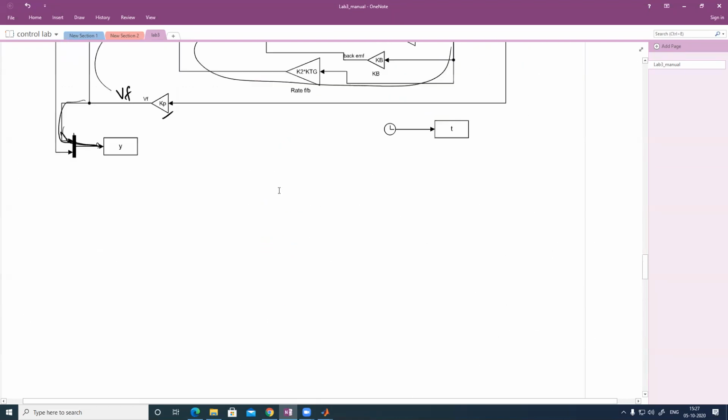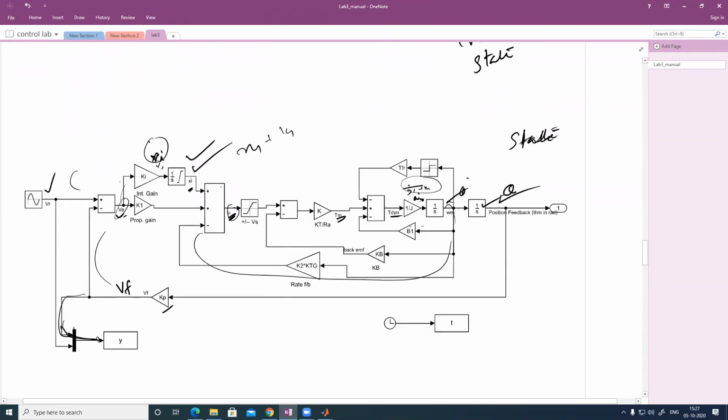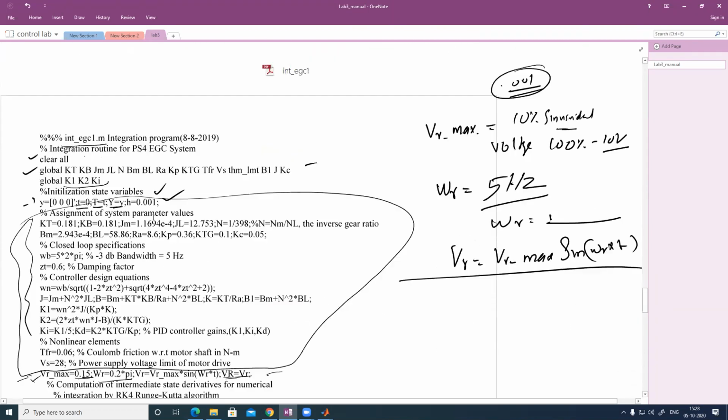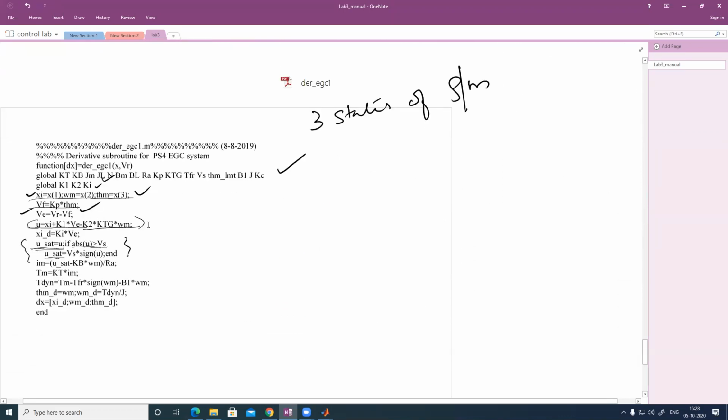MATLAB code. This is the U. If the U saturation value is greater than Vs, it is set to Vs. If it is below minus Vs, it is set to minus Vs. That is only this equation. And Tm is equal to Kt into Im, which you are taking.